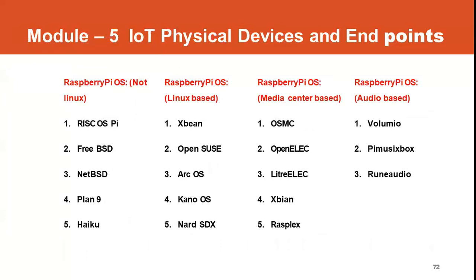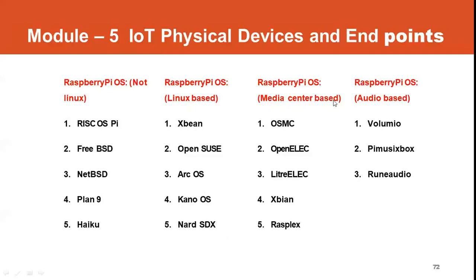So a few of the operating systems in the Raspberry Pi include RISC OS 5, FreeBSD, NetBSD, Plan 9, Haiku. Then a few Linux based operating systems include Xbian, OpenSUSE, Arch OS, Kano OS, Nard SDX.